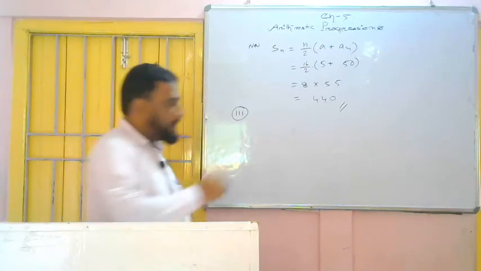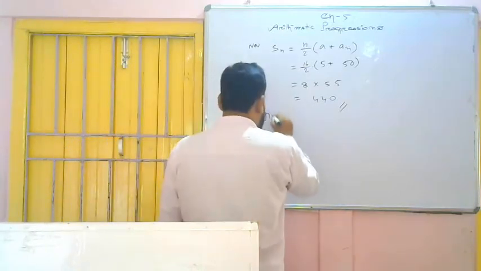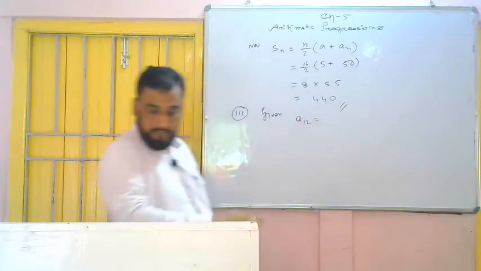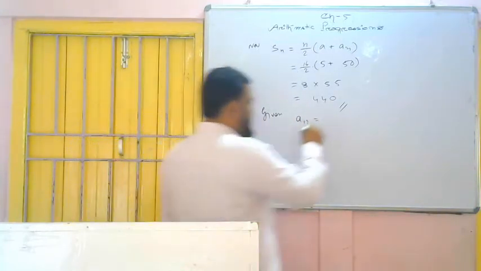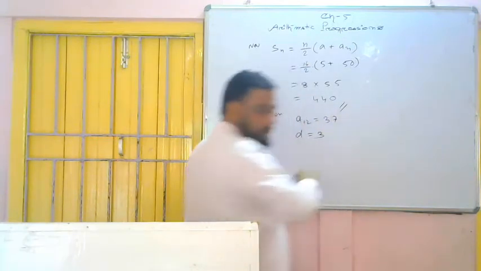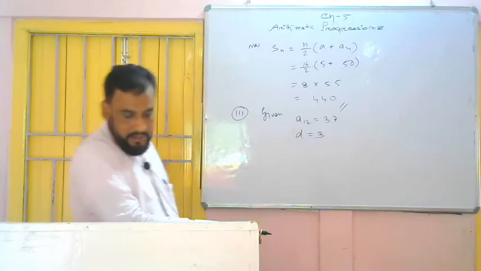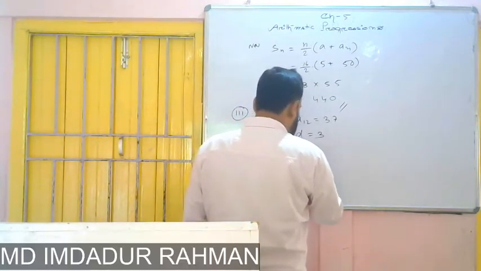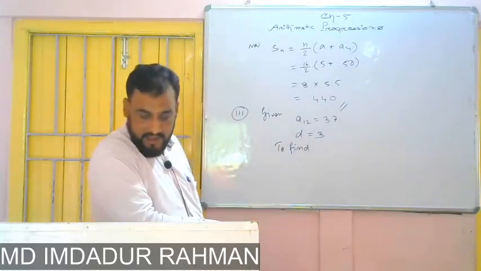What is given? Given A12 is equal to 37, D is equal to 3. To find A and S12.